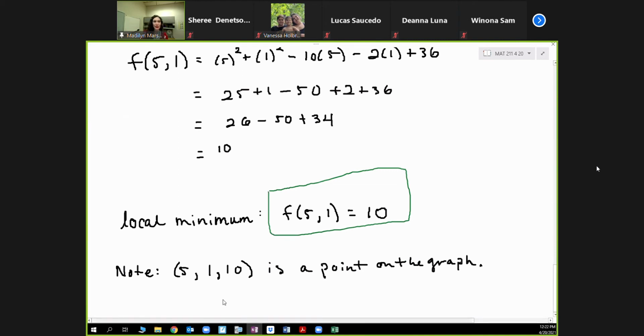And so that will be the bottom of some sort of cup or some sort of valley that we see.